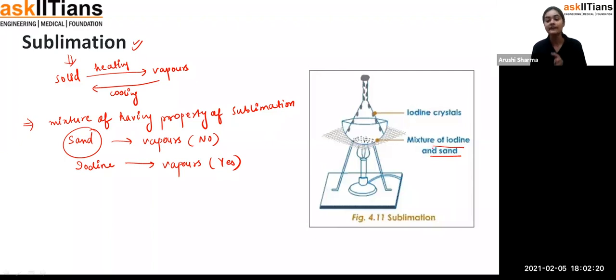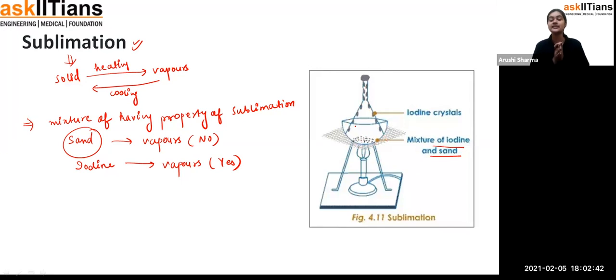So when you have the mixture of iodine and sand and you want to separate them, you have iodine and sand here and you start heating it, and we know that the iodine is directly converting into vapors. So you can see here that these are the vapors of the iodine, and that's how, students, the sand will be left here.